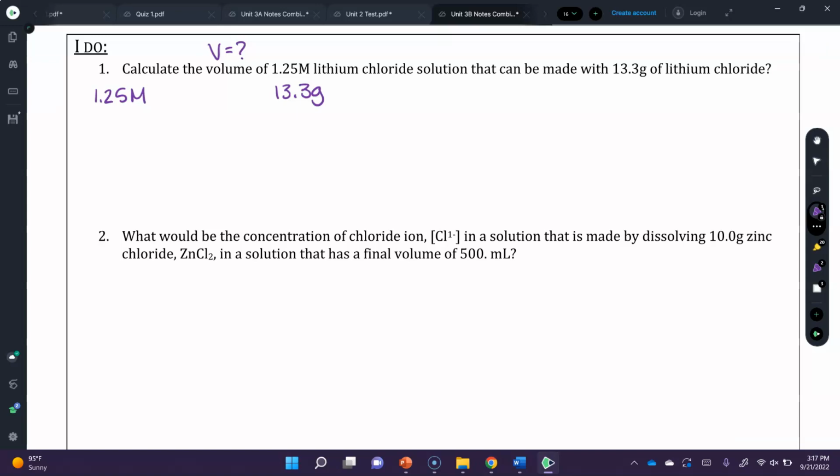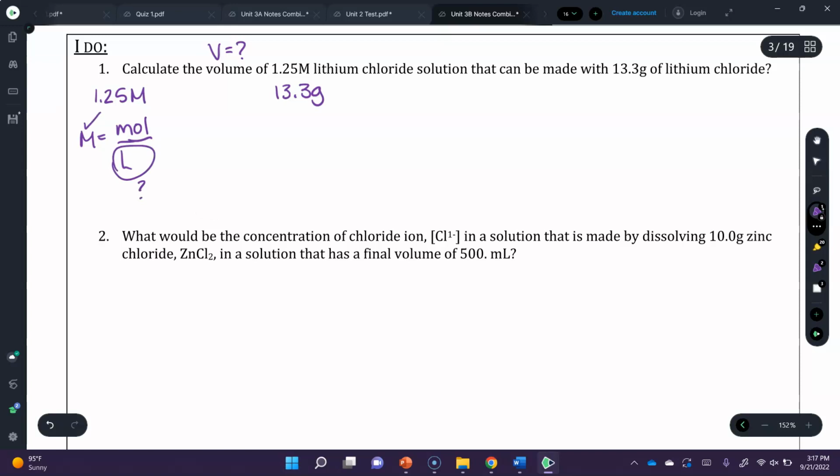We know molarity, and we know the equation is molarity is equal to moles over liters, n being moles. Well, we want to know this. This is what we don't know.